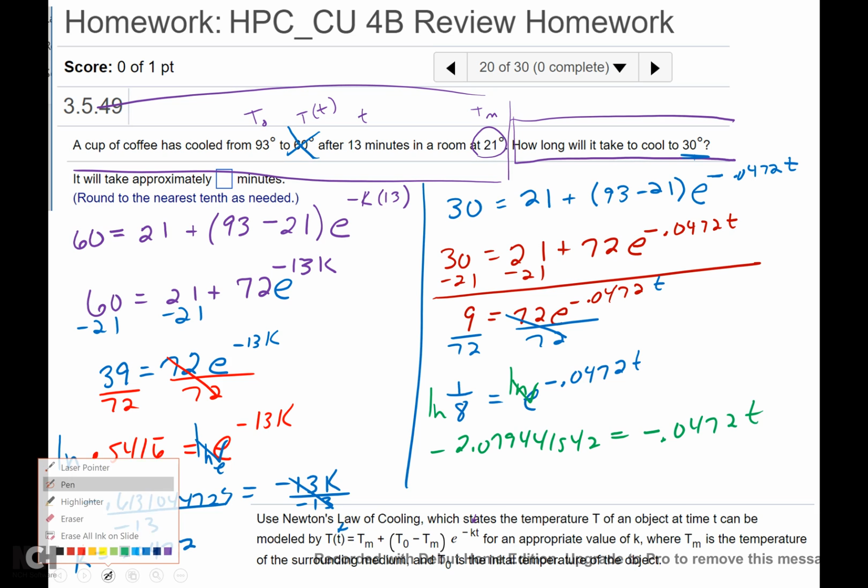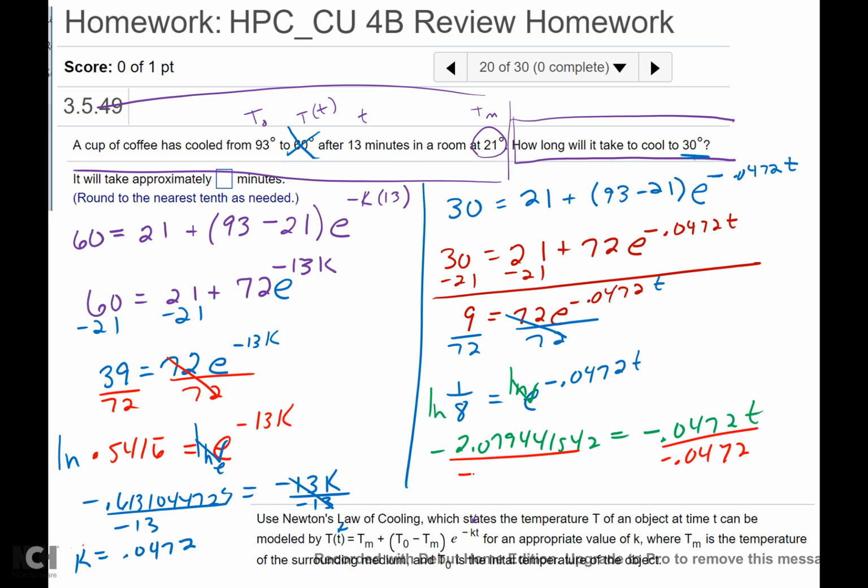So now to get t alone, I'm going to divide by negative 0.0472, and the time it's going to take is going to be 44.1 minutes to cool to 30 degrees.